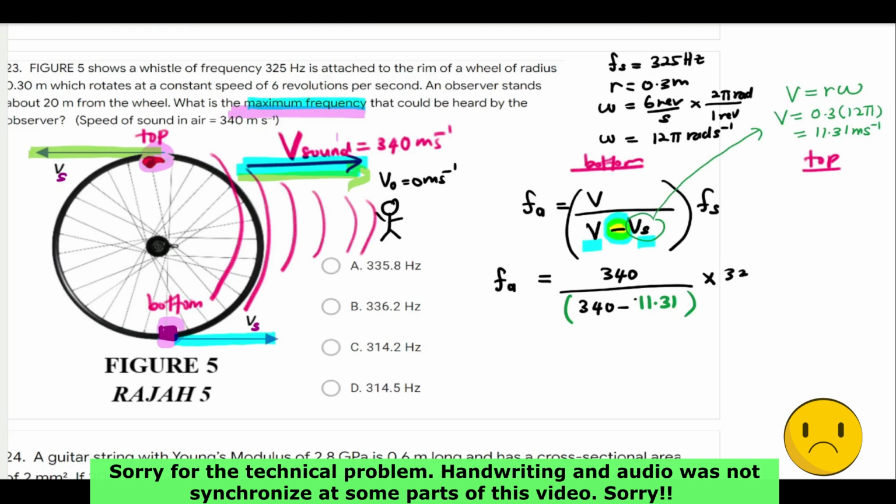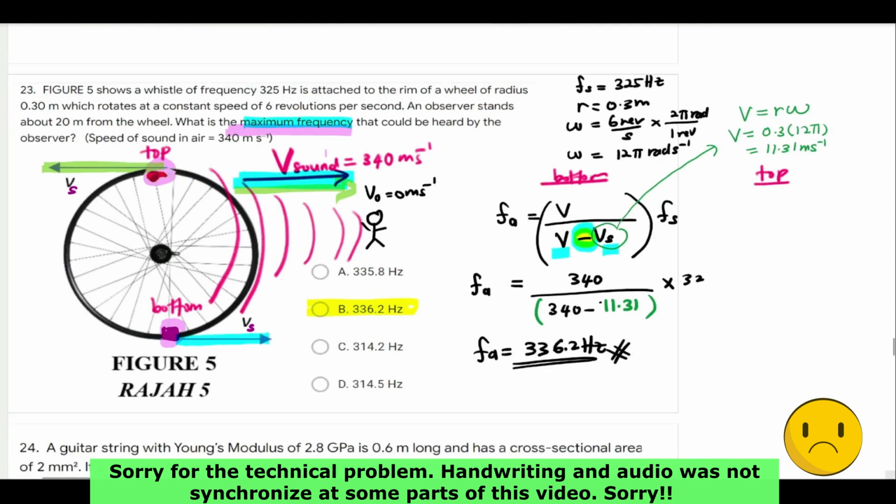Okay, so the answer is B. Okay, kalau you kira at the top, okay, direction of Vs. So kalau you tengok dekat sini, okay, you look at here that the direction of Vs at the top, okay, iaitu tangential velocity at the top is to the right, and the V of sound, the direction of the V sound that is traveling to the observer is to the, here is to the right and this is to the left. Okay, sorry tersilap tadi. Okay, so they are opposite direction.